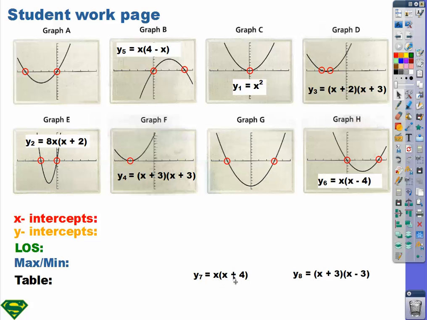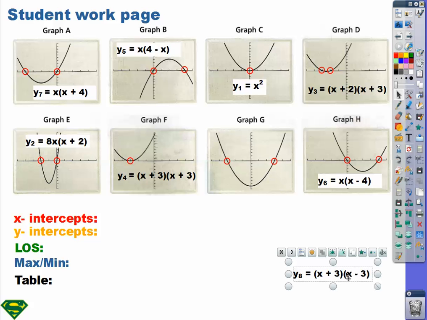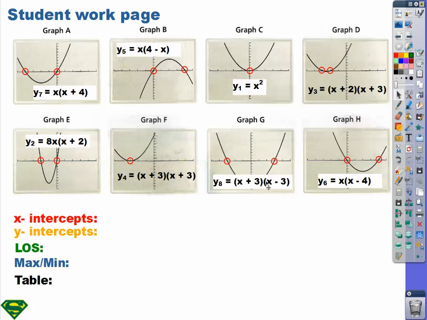This is 0 and -4. This one's going to be 0 and -3, and this one's going to be +3. So here we go.